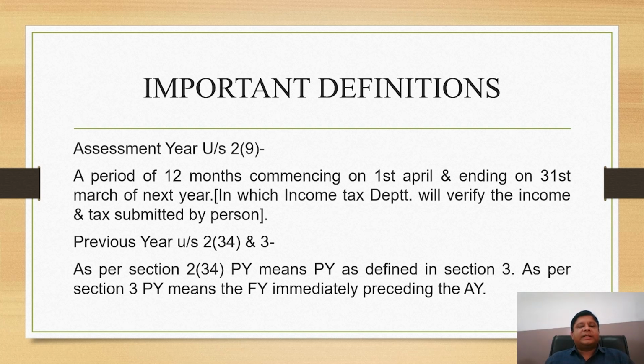Assessment year is defined under section 2 subsection 9 as a period of 12 months commencing on 1st April and ending on 31st March of the next year, in which the income tax department will verify the income and tax submitted by the person. On the other hand, previous year is defined under section 2 subsection 34 and section 3. As per section 2 subsection 34, previous year means as defined in section 3, that is, the financial year immediately preceding the assessment year.